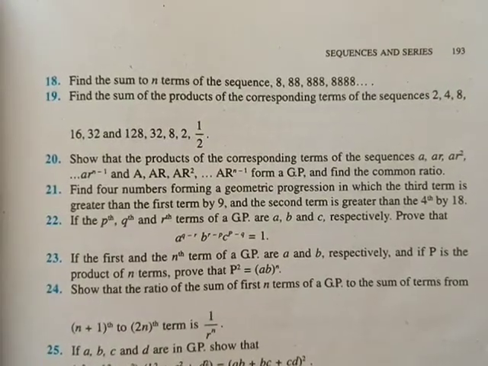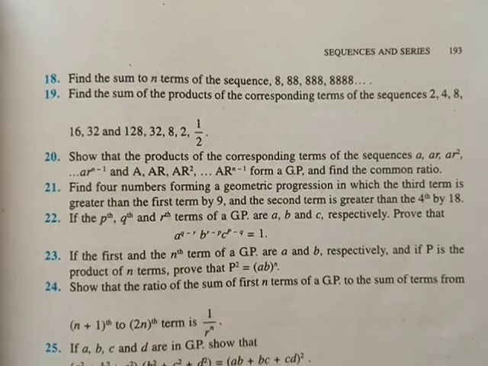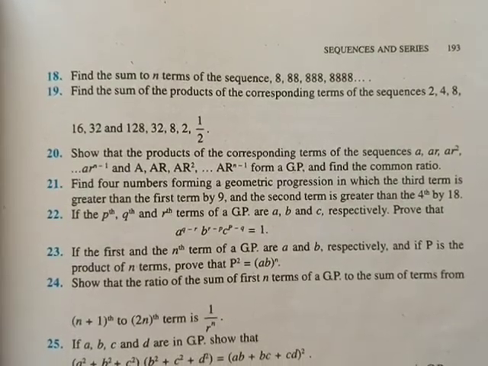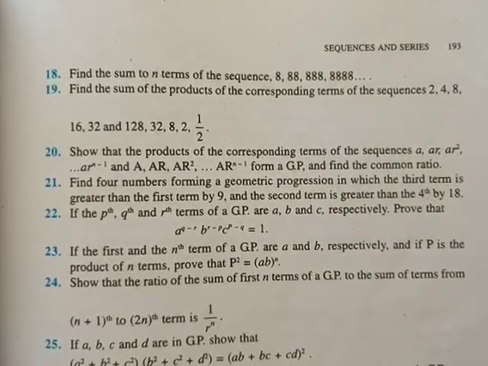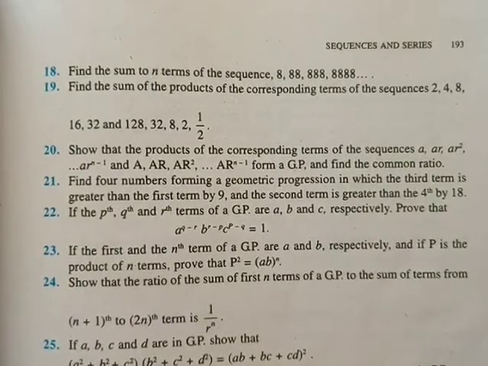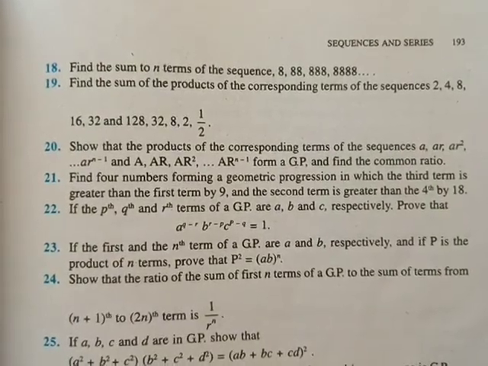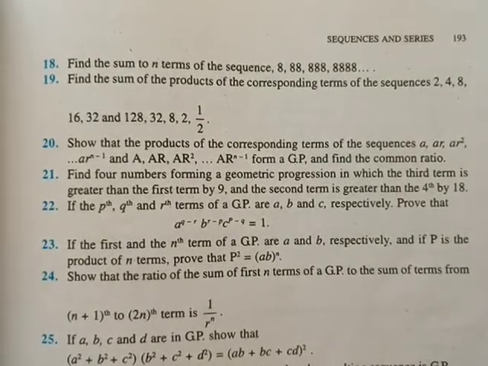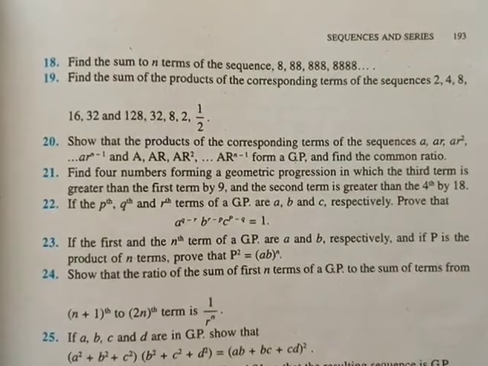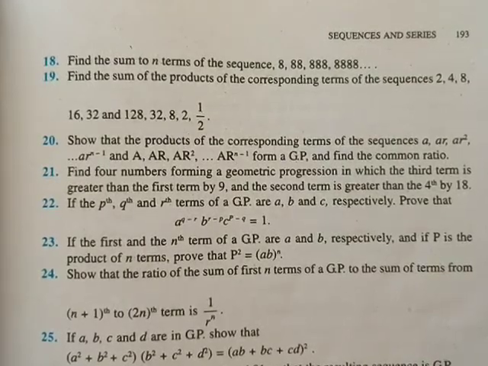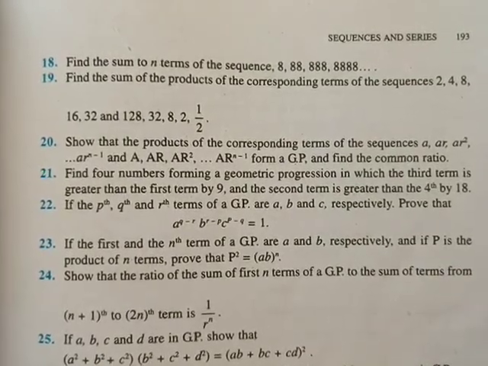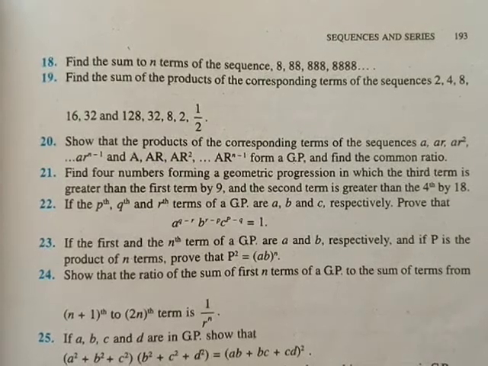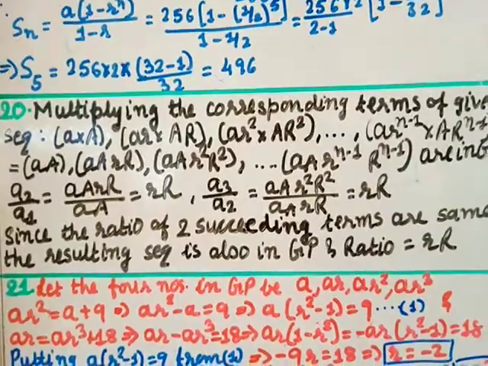Question number 20. Show that the products of the corresponding terms of the sequences a, ar, ar square up to ar power n minus 1 and capital A, capital A into capital R, capital A into capital R square up to capital A into capital R power n minus 1 form a GP and find the common ratio.